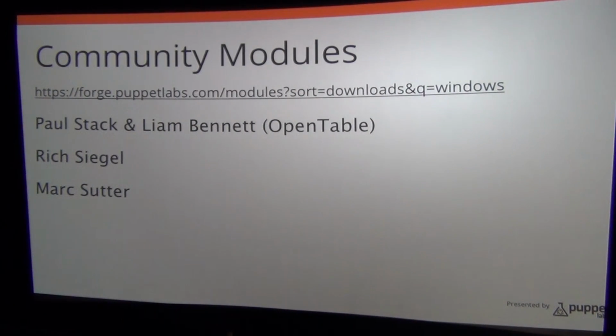So you do that once, you take the result, now you have types and providers for all your DSC resources. Now you can express DSC in Puppet, and you can set up dependencies between DSC resources and Puppet resources, all within a Puppet manifest.